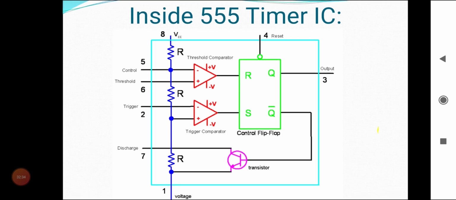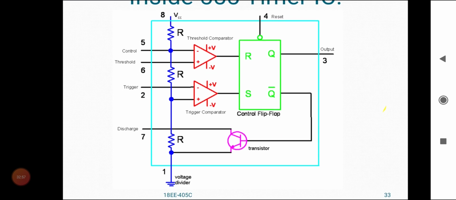Pin 8 is VCC. Pin 5 is the control signal. Pin 6 is the threshold, which goes to the threshold comparator, and the lower one, pin 2, goes to the trigger comparator.